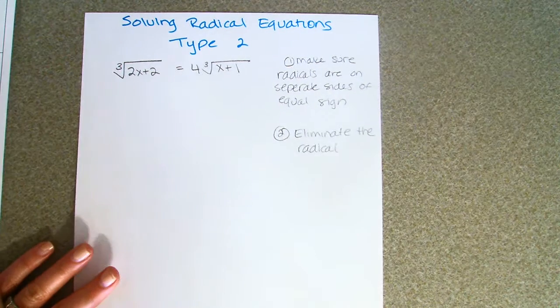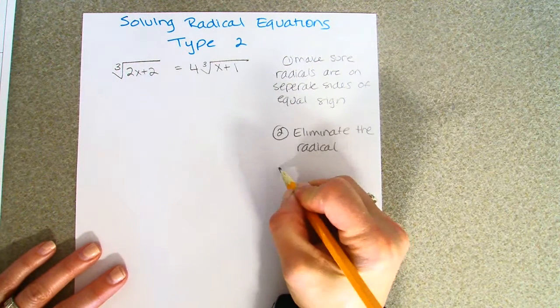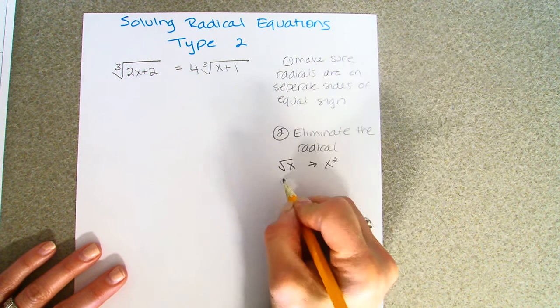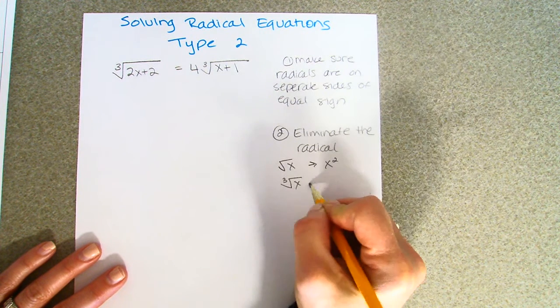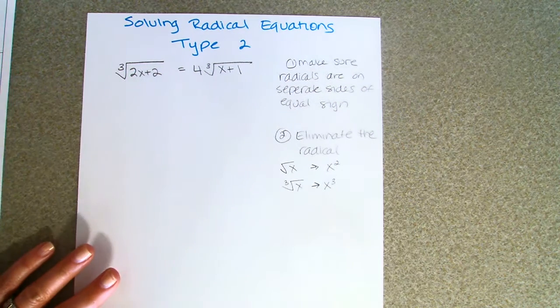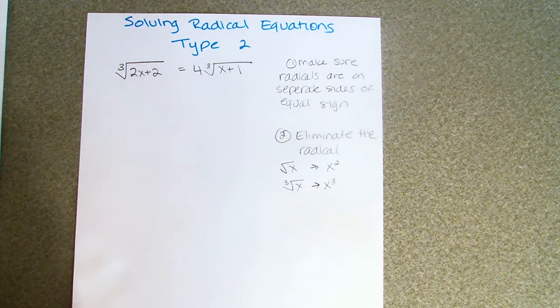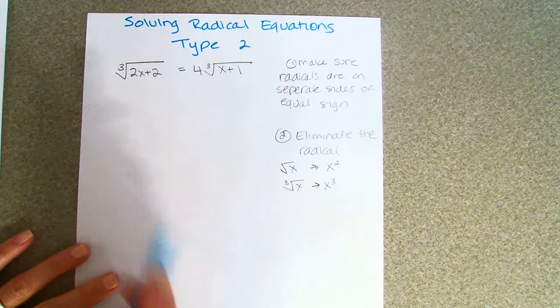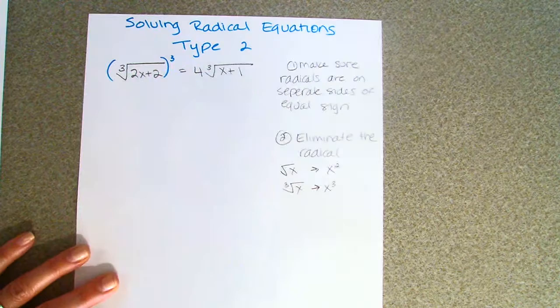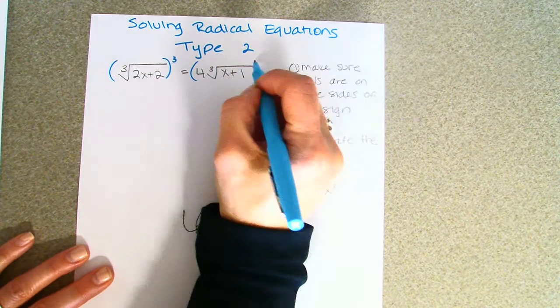You're going to do it the same way you did for type 1 problems. If you have a square root, you would square both sides. If you have a cube root, you will cube both sides. So we have a cube root. So we are going to cube both sides of the radical.